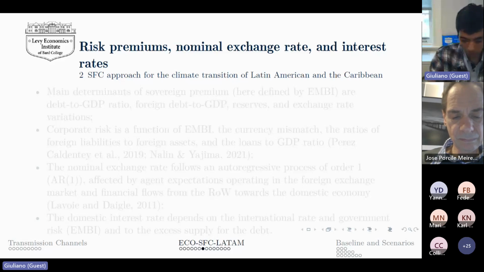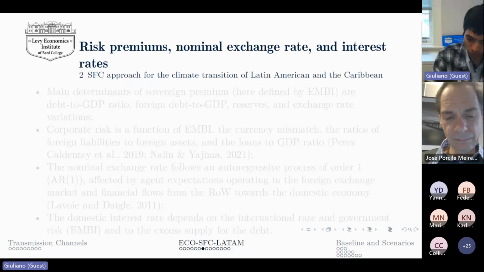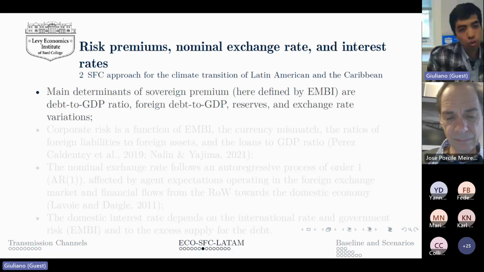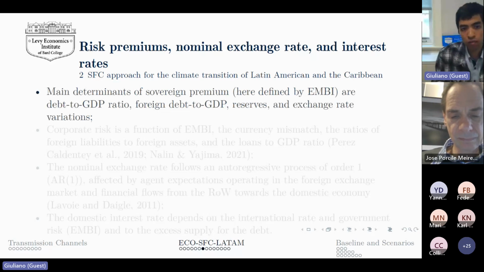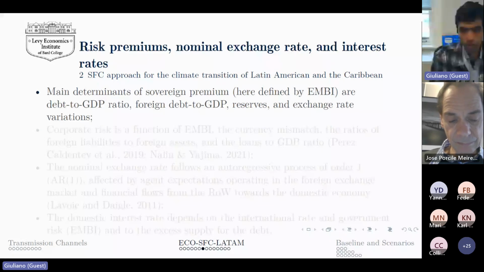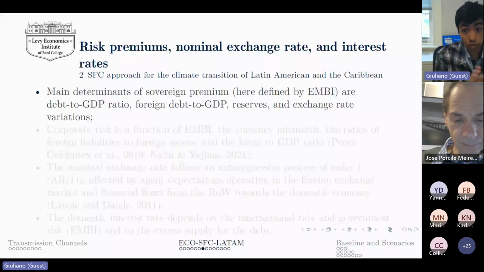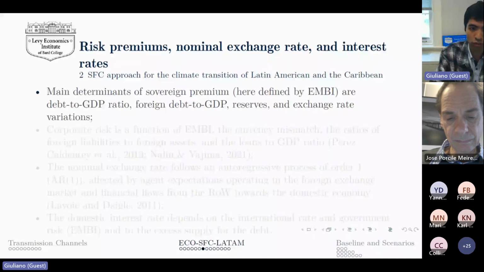As for the risk premium and the nominal interest rate and exchange rate dynamics, we have as main determinants of the sovereign premium the debt to GDP ratio, the foreign debt to GDP, foreign reserve, and exchange rate variation.